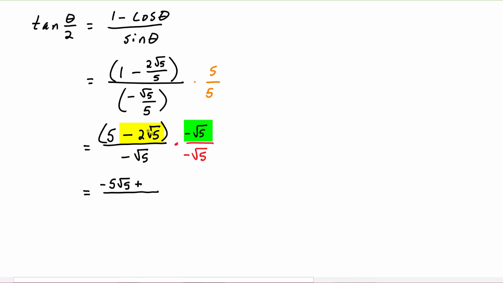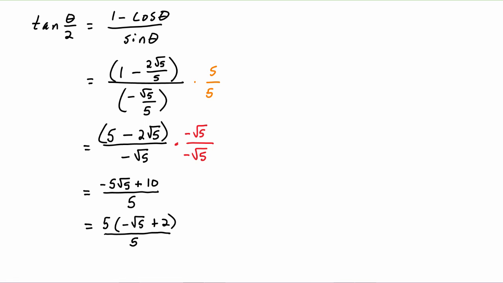Then we have 2 times 5 is 10. In the denominator, a negative times a negative becomes a positive. Rad 5 times rad 5 is 5. We can factor a 5 out of the numerator, and we have negative radical 5 plus 2 left over 5.